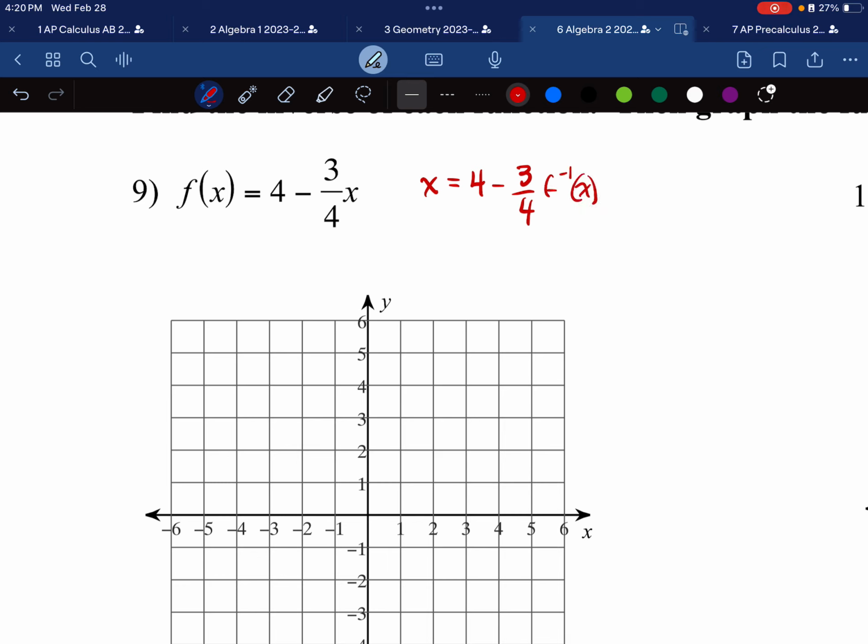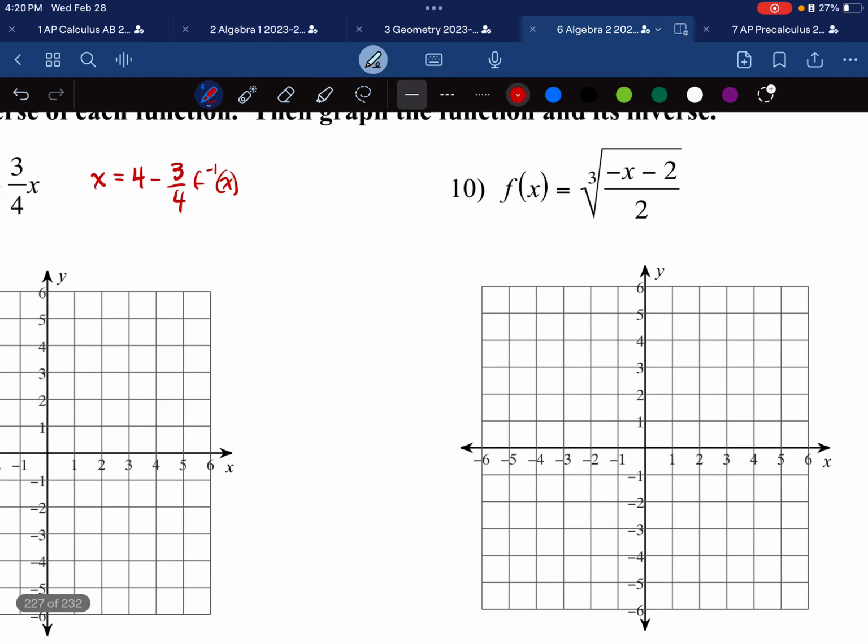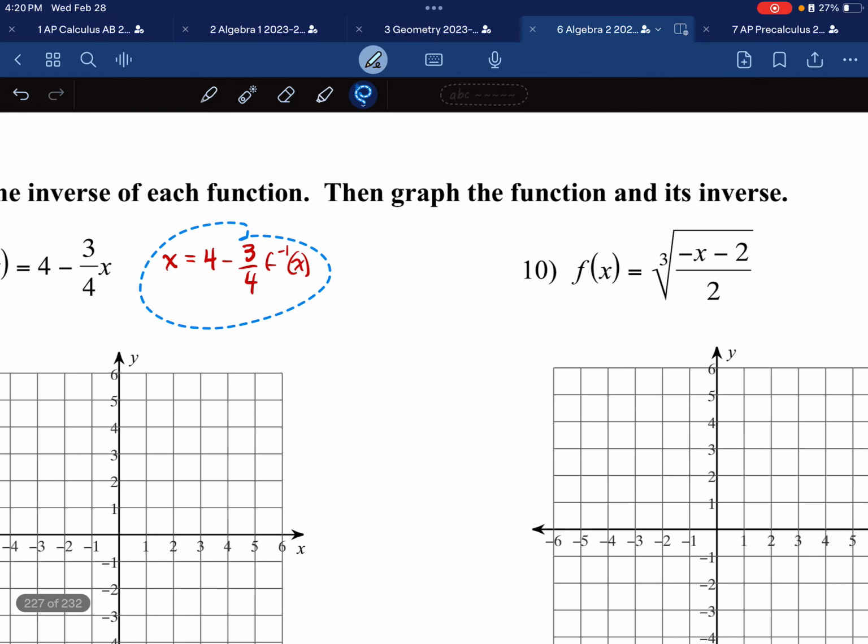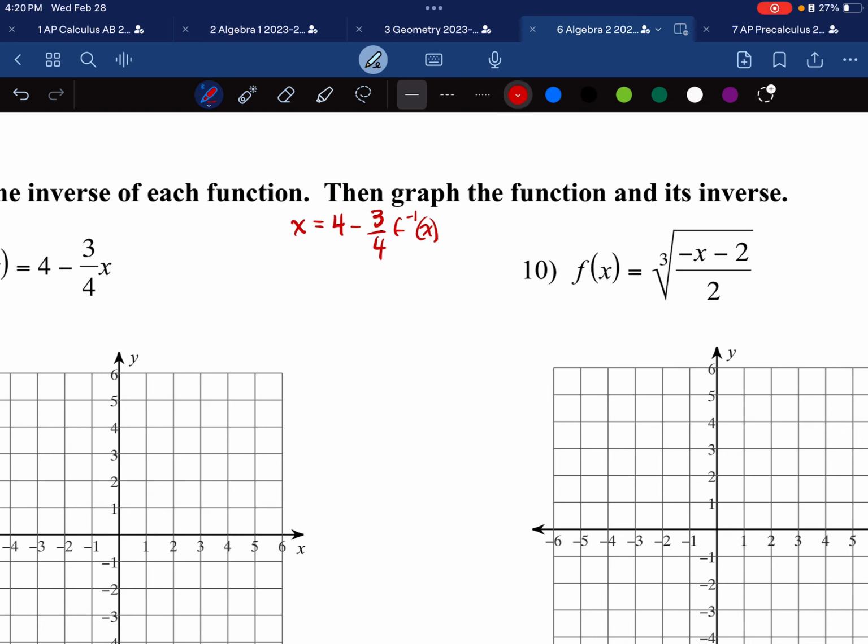Okay, so bringing everything to the other side, I'm going to subtract 4. I have enough room to do this right here. So if I subtract 4 on both sides, it's going to be x minus 4 is equal to negative 3/4 f inverse of x. And then from there, I'm going to multiply both sides by 4 and divide by negative 3.